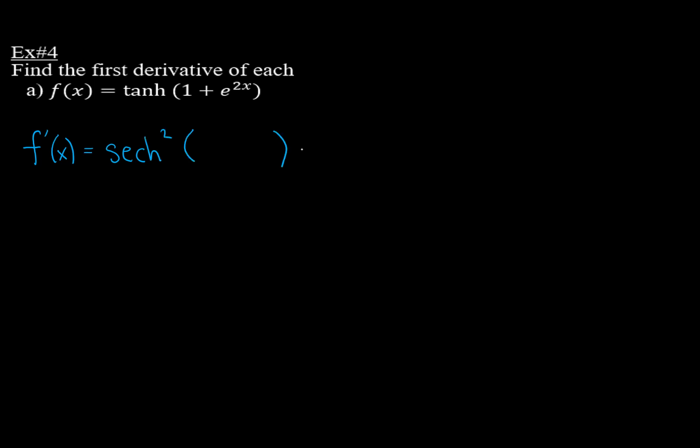Keep in mind, using the chain rule, that when I take the derivative of the tangent, I leave the argument alone, and then I take the derivative of the argument.